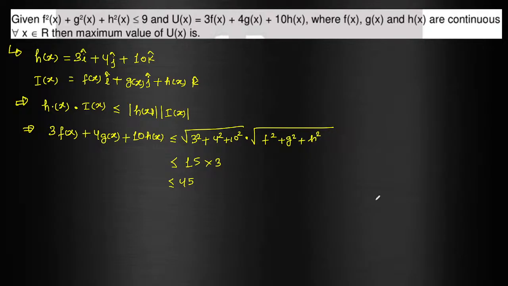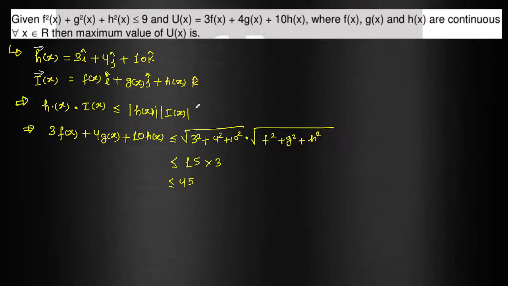this is a good question which could be easily done. If we consider one vector, the h vector, as 3 i cap, 4 j cap, 10 k cap, and the i vector as fx i cap, gx j cap, hx k cap. If we do hx dot ix, it is less than or equal to the mod of hx times the mod of ix times cos theta.